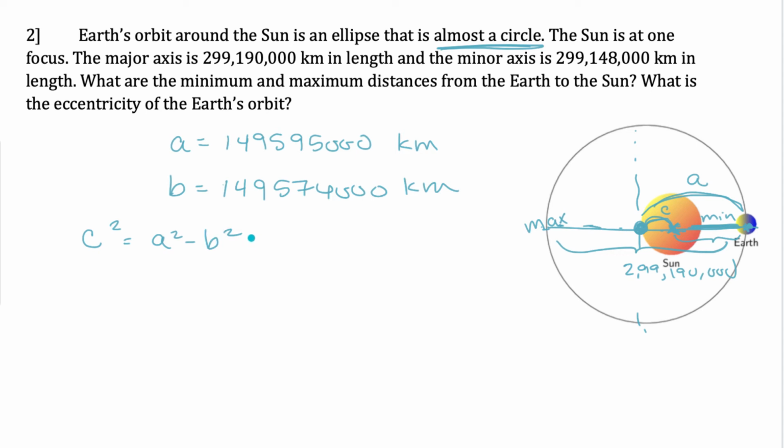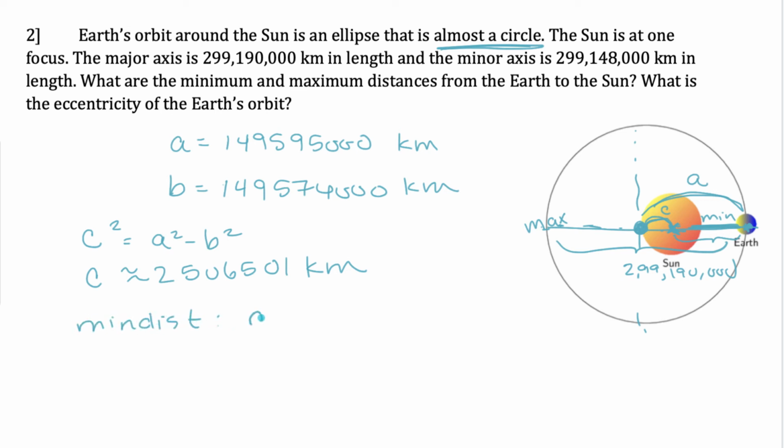All right, so if we do a quick calculation, and I'm not going to write all these big numbers here because they are really, really huge, we'll find that C is approximately 2,506,501 kilometers, right?